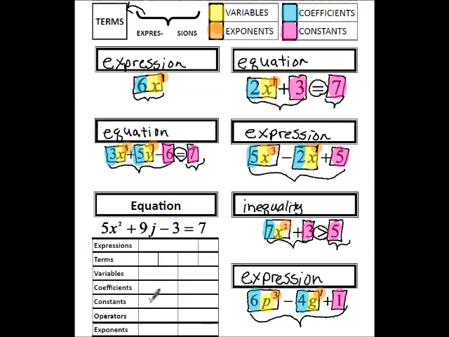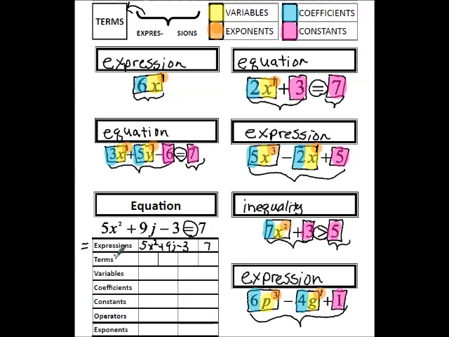Now let's look at this last equation and see how this is separated. So it's an equation because we have an equal sign. And the equal sign is what separates the equation into 2 expressions. So we have 5x squared plus 9j minus 3 is an expression, and 7 is an expression.